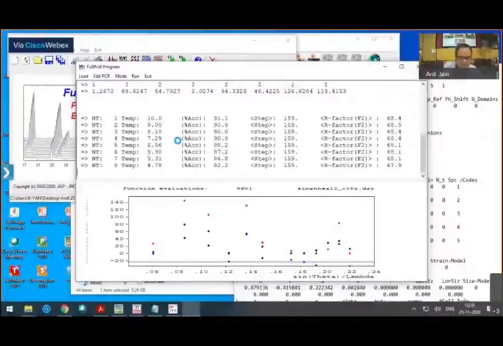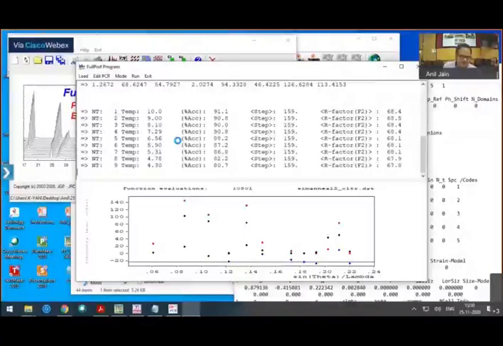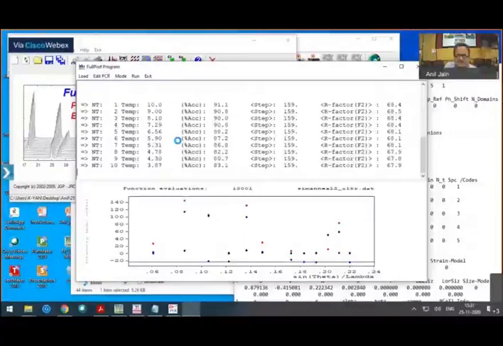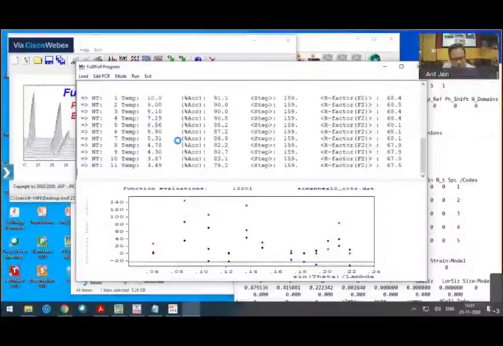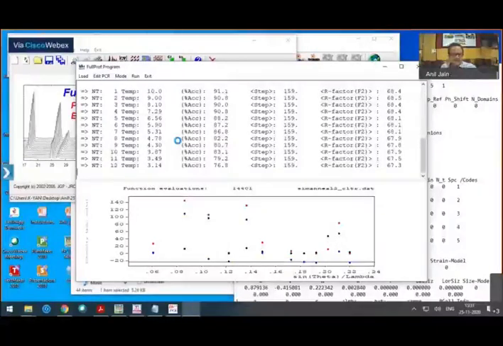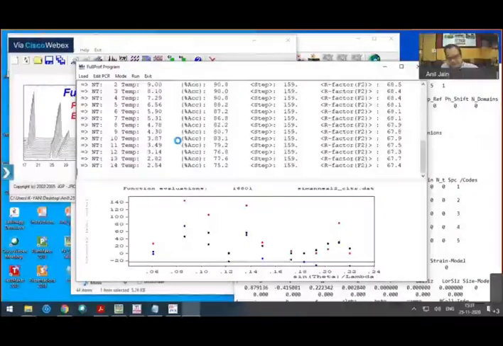I have given some constraints. I am not sure whether they are correct or not. You can just try this. This is just the idea, that this is also one of the options by which you can see what kind of magnetic structure you might have. Here there is no restriction from the symmetry point of view.